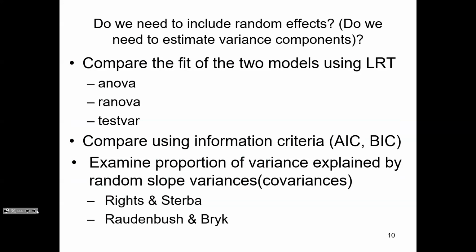The same thing can come into play here: I could get a really big change in the deviance because I have a ginormous sample, but the reality is that this random slope explains such a trivial amount of the variation. So yes, it could happen.